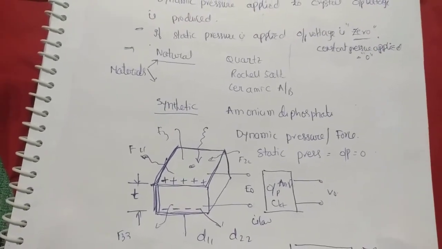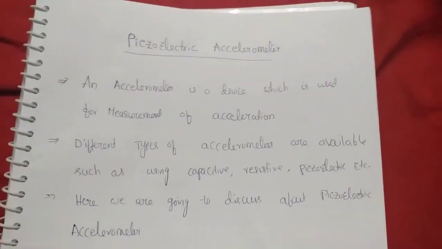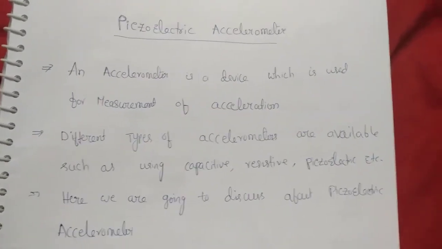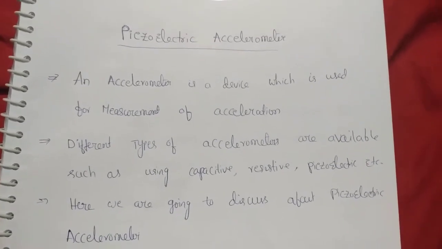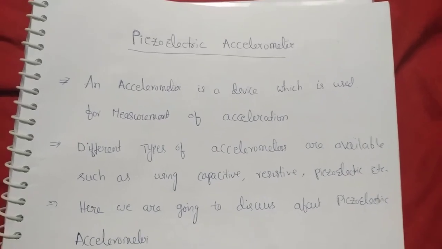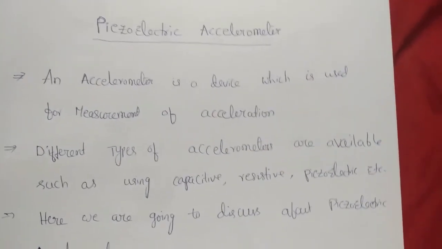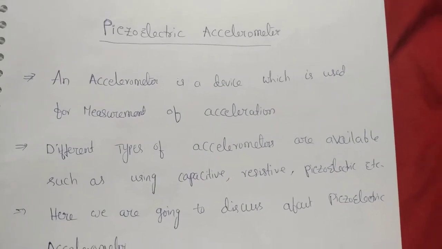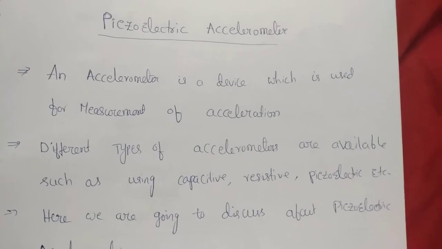So how does the piezoelectric transducer work as a piezoelectric accelerometer? Acceleration is one of the important parameters. It is a non-electrical quantity. So we use a piezoelectric accelerometer to measure acceleration. An accelerometer is a device used for measurement of acceleration.